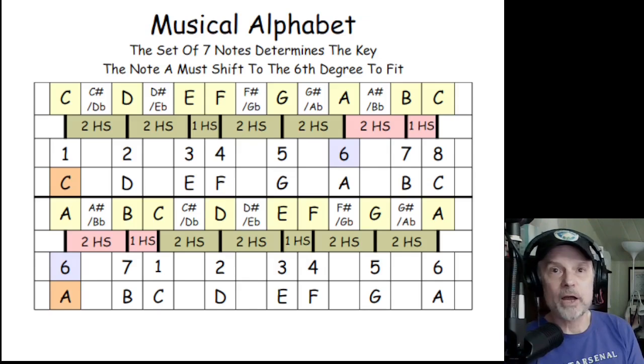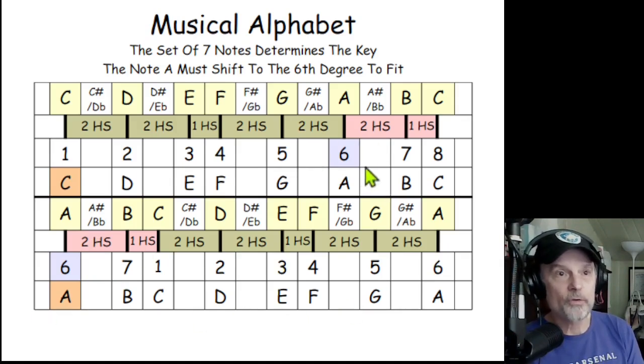When we start on a certain degree, making that note our tonal center in a scale or a song, that is called a mode. Each of the 7 degrees has an associated mode. On our chart, we notice that the scale starting on the note A does line up with the major scale formula when it is shifted to the 6th degree.